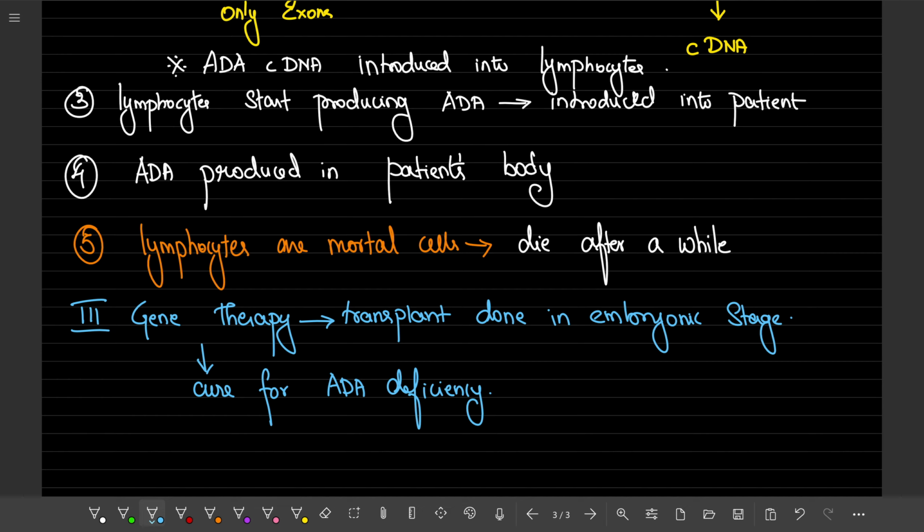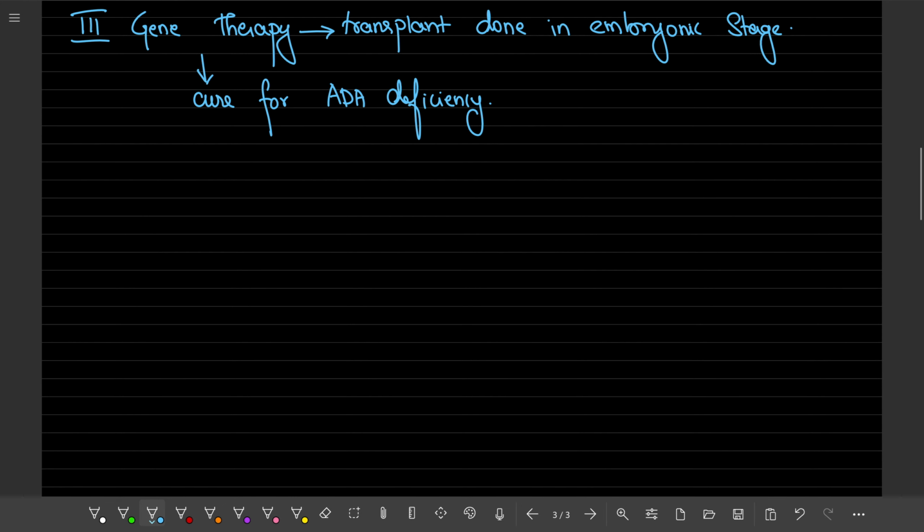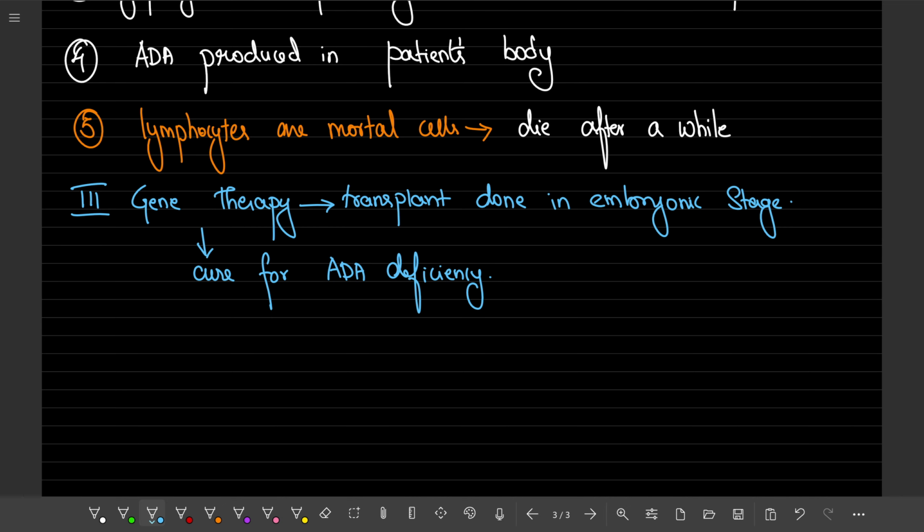So the next part we are going to see in medicine is diagnosis. So this is our gene therapy.